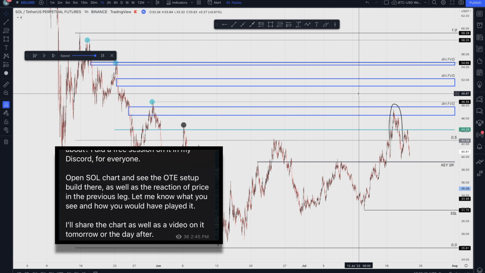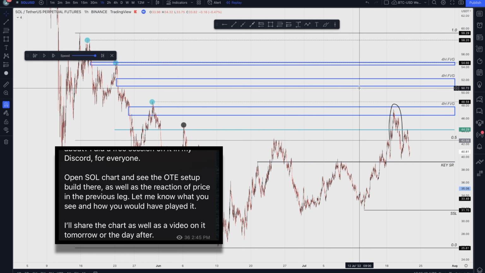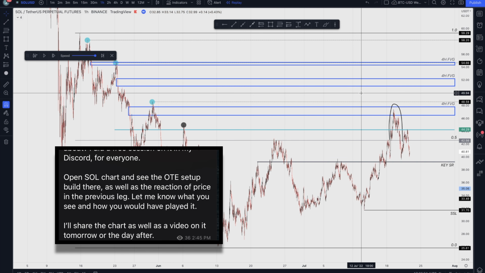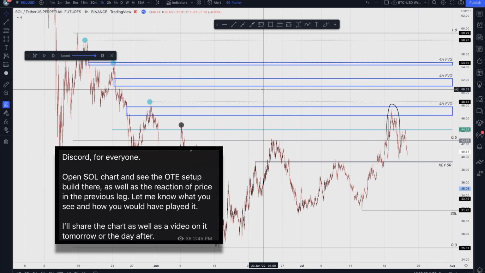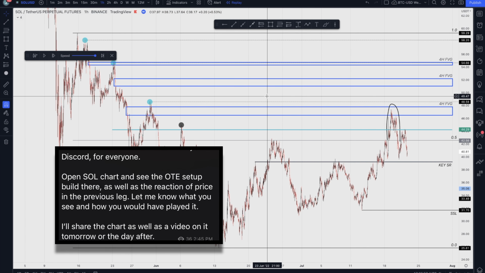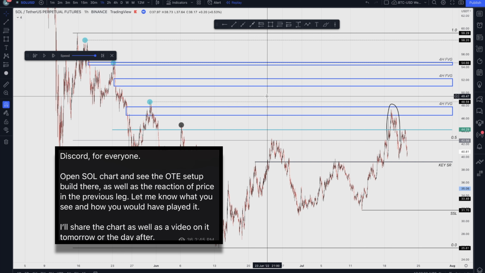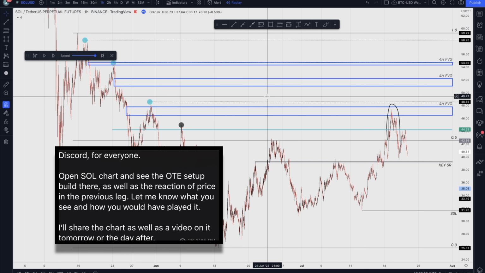I had opened my Discord server just to tell guys about the OTE setup, which is one of the most simple and amazingly effective setups given by ICT. So open the SOL chart and see the OTE setup build there, as well as the reaction of price in the previous leg. Let me know what you see and how you would have played it.